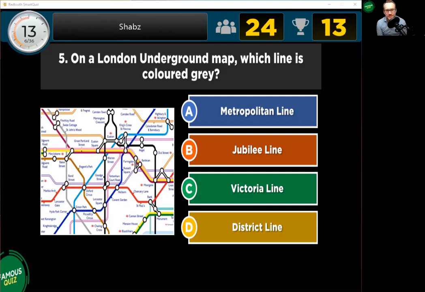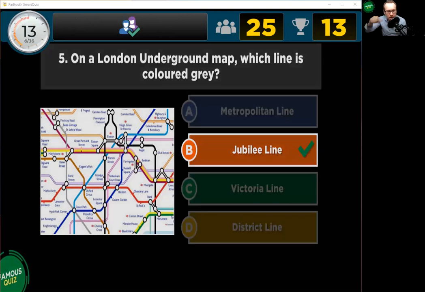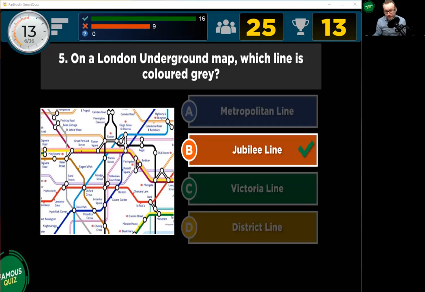Okay, everyone answered. Let's see the correct answer. That's the Jubilee line. You see in the picture on the left side from up till down a gray color. So that's the Jubilee line. So let's see how many correct answers. 16 correct answers. Perfect.